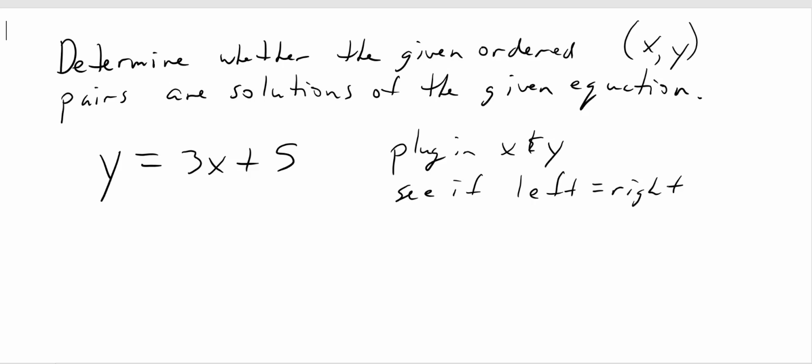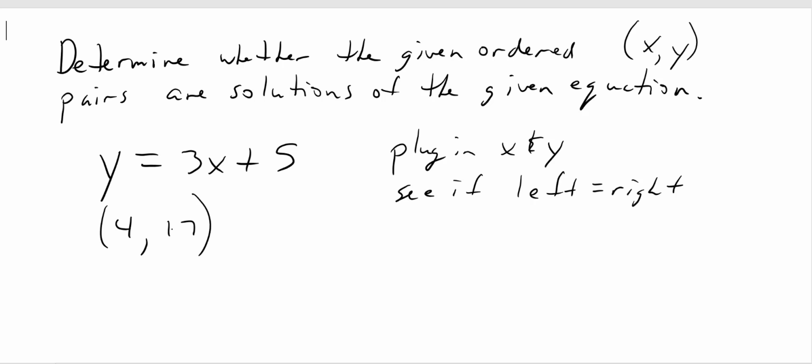Okay, so let me give you points. So this is our equation, y equals 3x plus 5, and the coordinate is going to be (4, 17). So again, put 4 in for x and 17 for y. It's so easy. That's all you do.